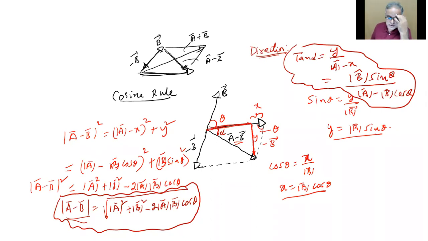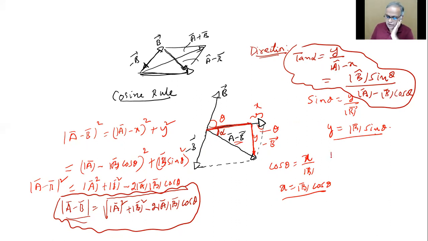And you may notice in the formula for the sum, if you substitute 180 minus theta in the place of theta, you get these formulas. If theta is the angle between A and B, 180 minus theta is the angle between A and minus B. So without deriving like this, I could have gone even directly to that formula.